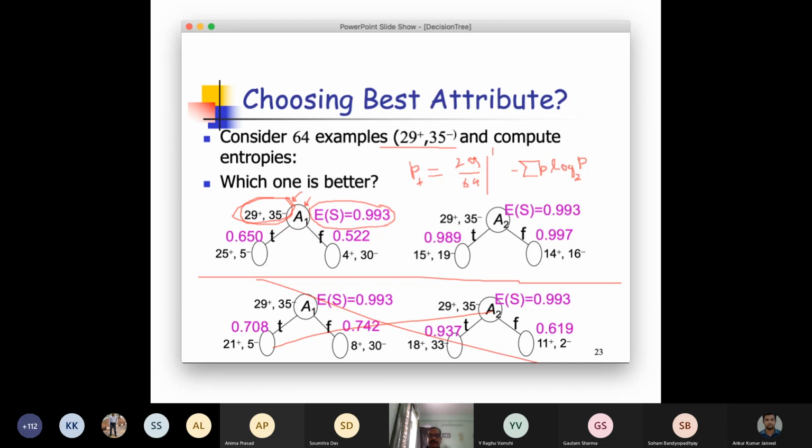If I write E of S, your entropy is this. Why have I written S? Because S is the whole set of your training examples. That's why you see you are computing 0.993 by doing these things.